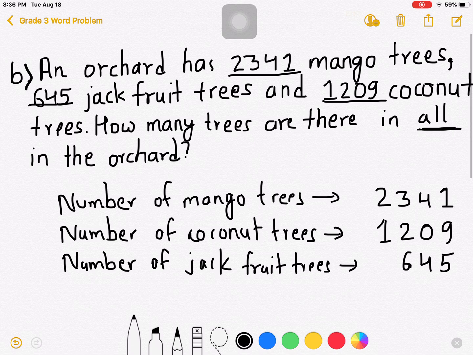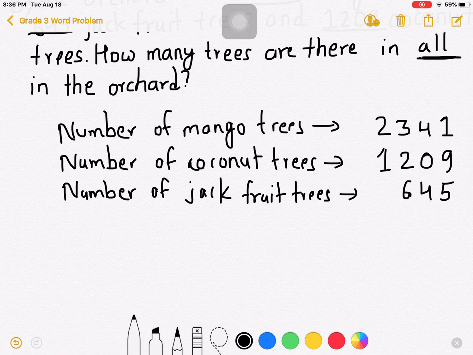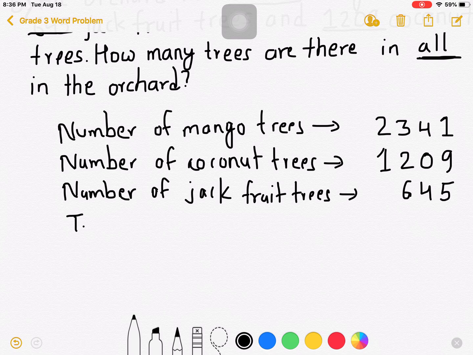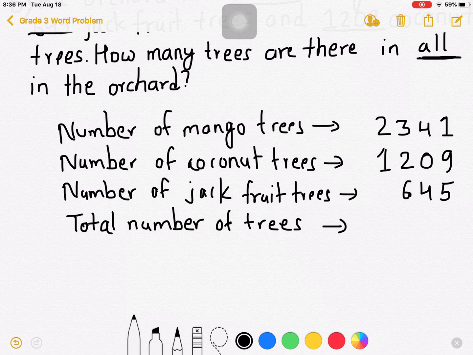Now, total number of trees. How can we find out the total number of trees?